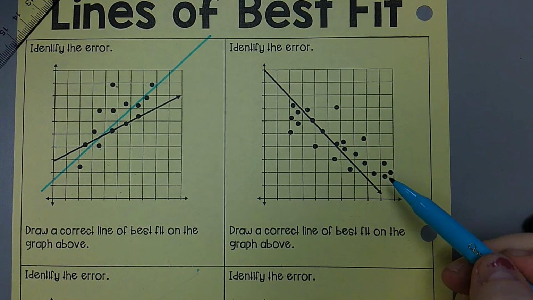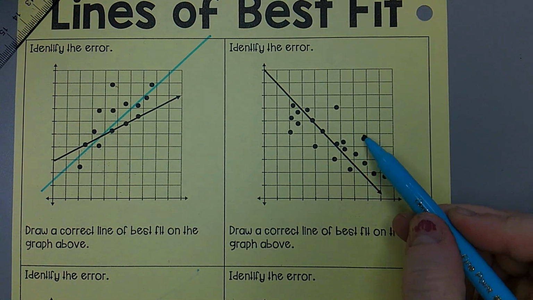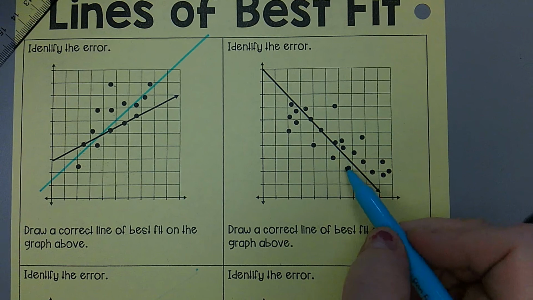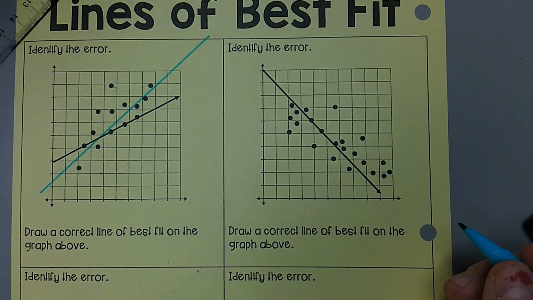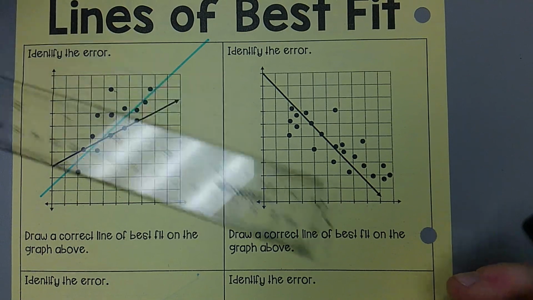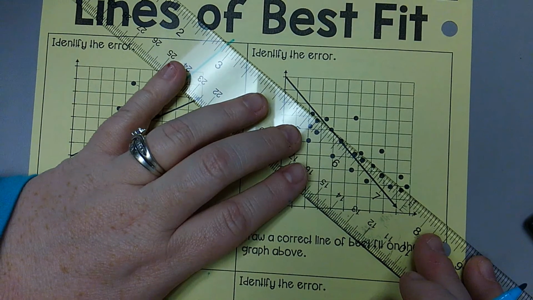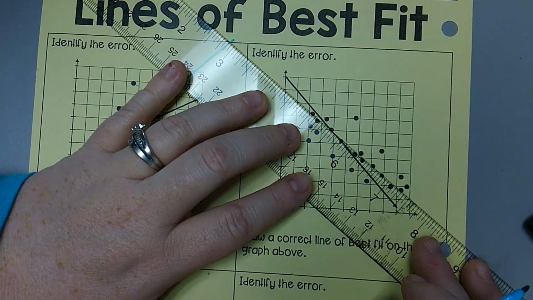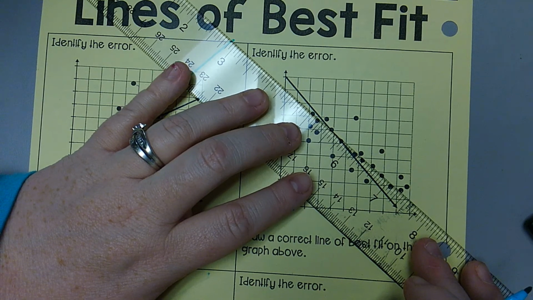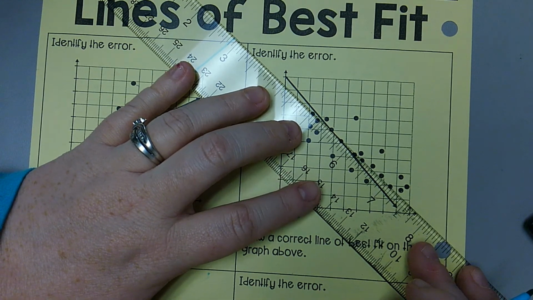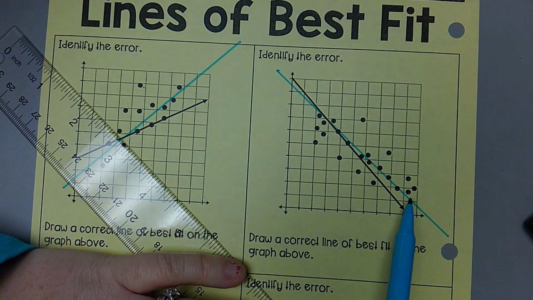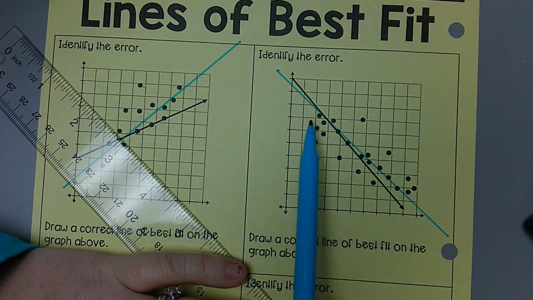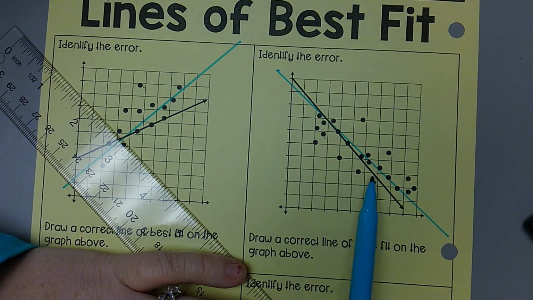This one, 11 and 8. Really, that's not a horrible line. So my line's not going to be too much different, I don't think. 7 and 7.